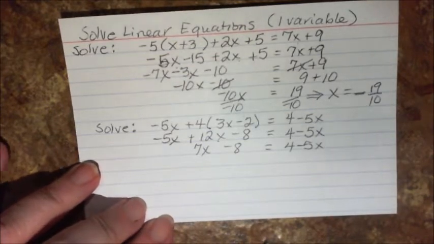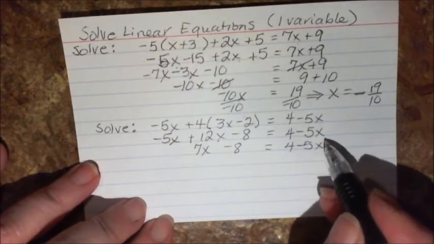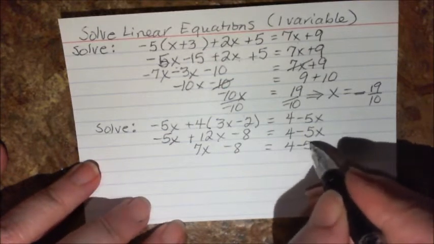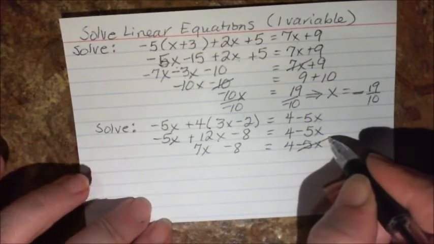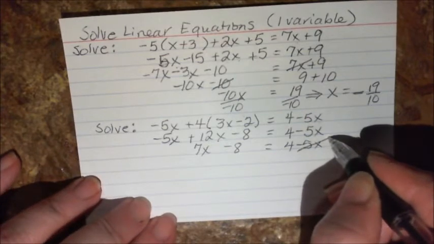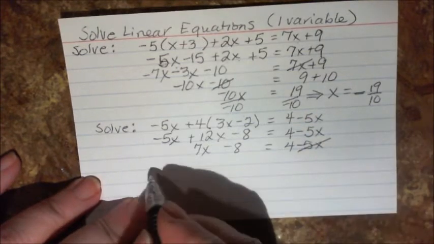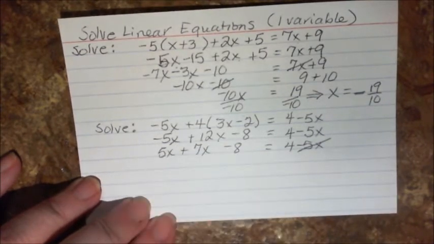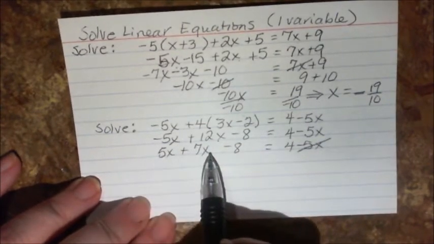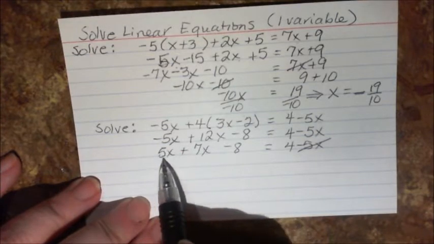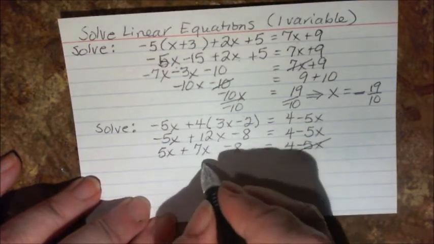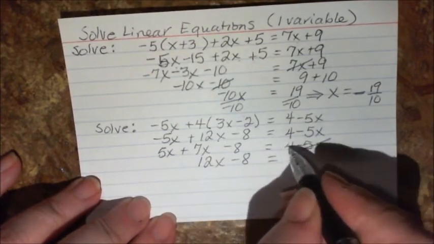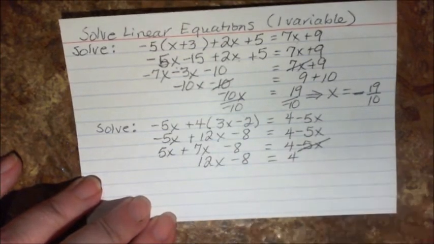Alright, we need to eliminate the x terms on this side. So minus 5x, we could eliminate that with plus 5x. So if we add it here, it adds for 0. So we've eliminated the negative 5x. So a plus 5x on this side. Ready to collect like terms again. 5x plus 7x, 12x, minus 8 is equal to, all that's left here is a positive 4.